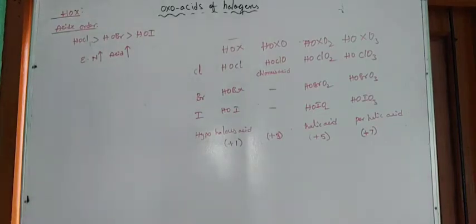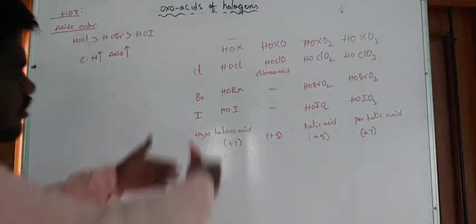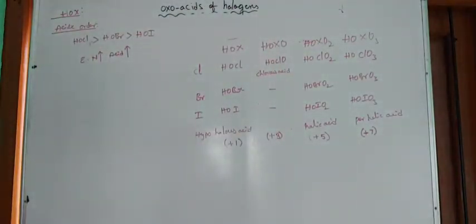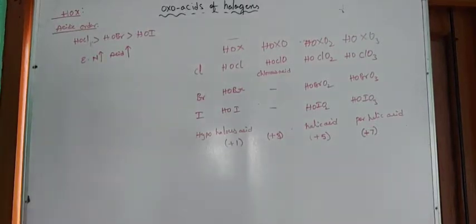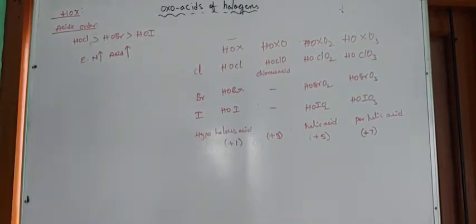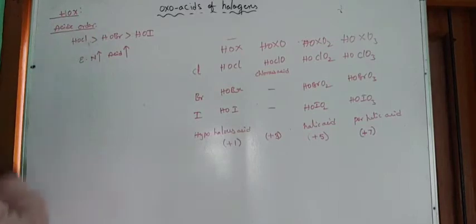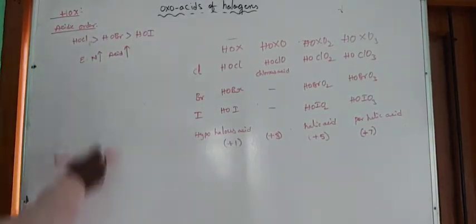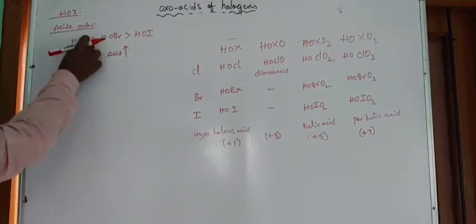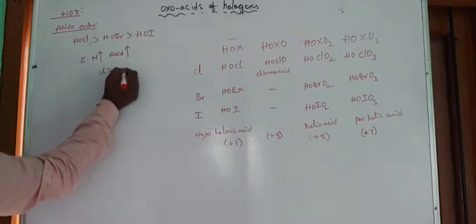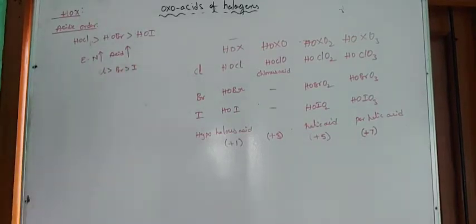In all the oxo acids, if you consider vertically like this, as electronegativity of halogen increases, then acidic character also increases. So in hypohalous acids, HOCl has more acidic strength than HOBr, followed by HOI. The reason: electronegativity of chlorine is greater than bromine, greater than iodine.